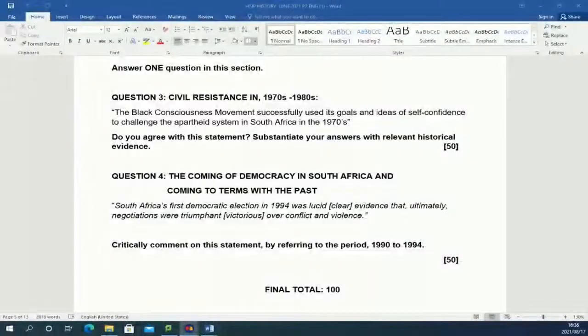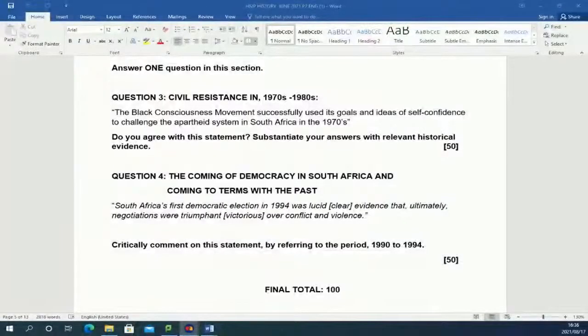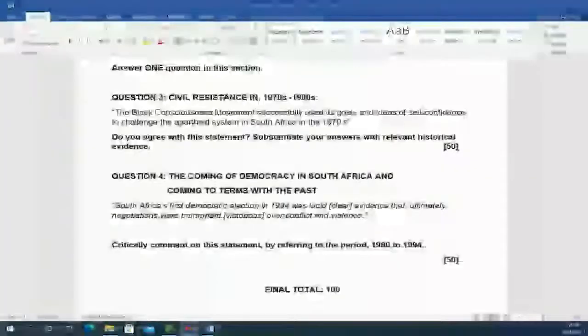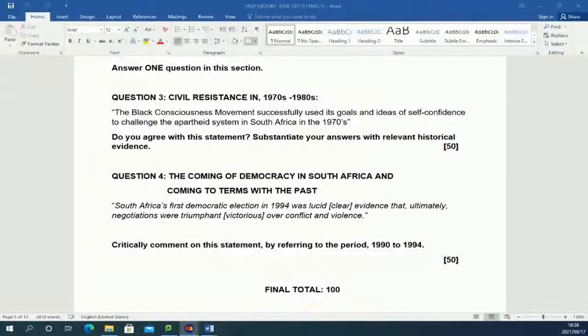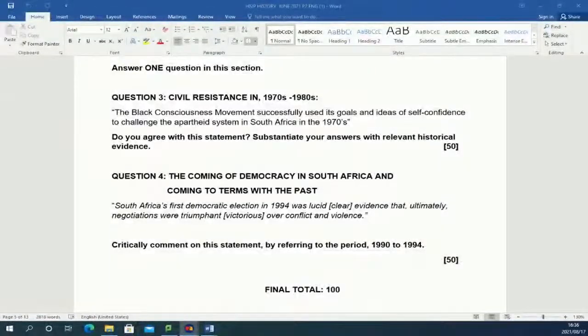Okay? Are you saying, in the case of that question 3 over there, thus, the Black consciousness ideology challenged the apartheid system, which aimed to separate people, because the Black consciousness movement and the Black consciousness philosophy aimed to unite people.